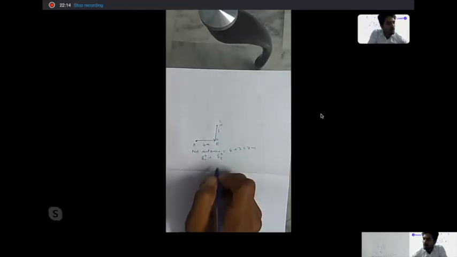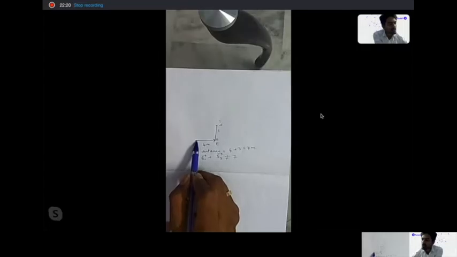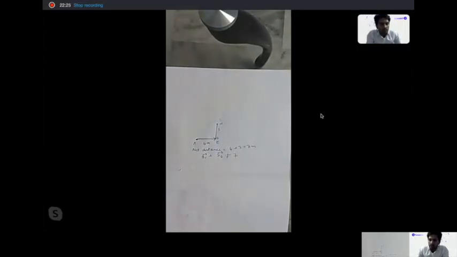That would be my net displacement, and that won't be equal to 7 here. Why? Let's understand why it won't be 7. Simple reason: although I walked a total distance of 7 meters, it's not all in the same direction. It's in different directions.